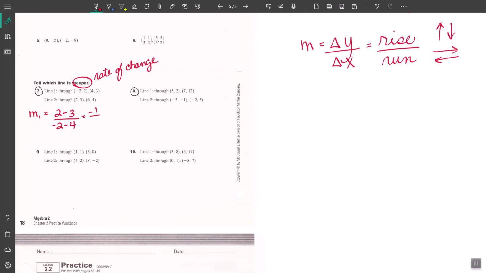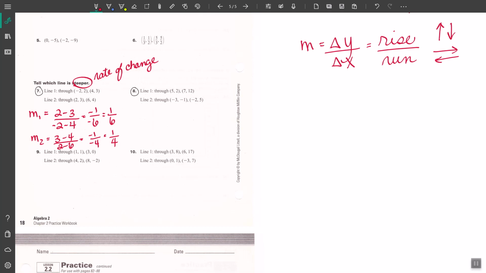I'll end up with negative 1 over negative 6, which cancels out to give me a positive 1/6. Then my second slope, 3 take away 4 over 2 take away 6, will give me negative 1 over negative 4, or positive 1/4.